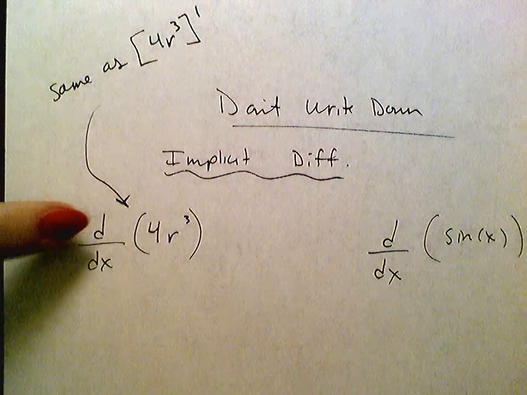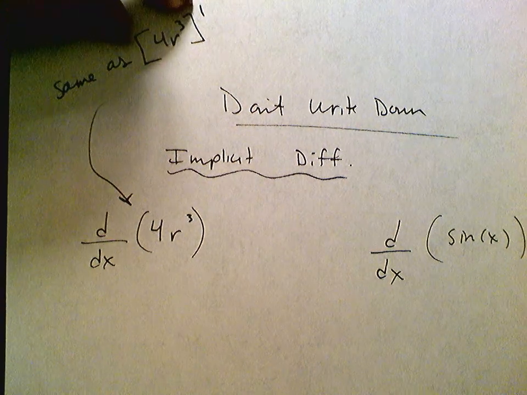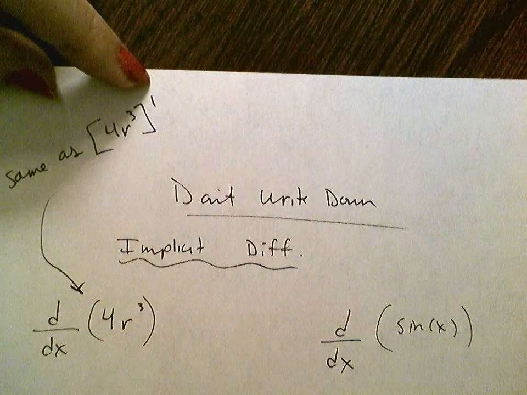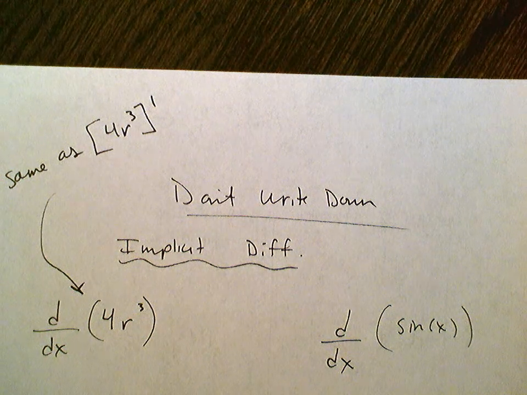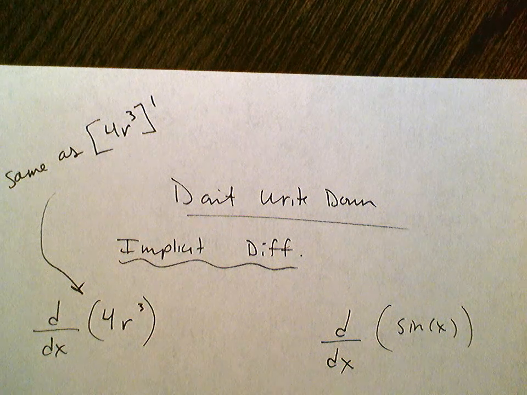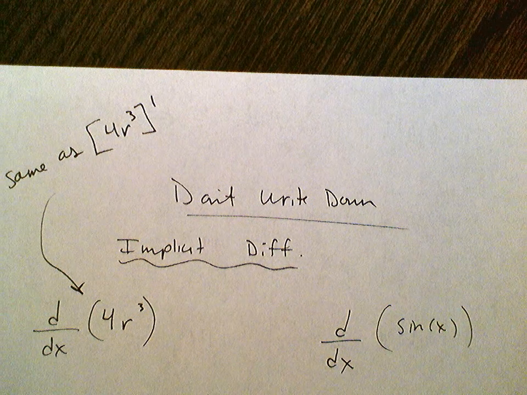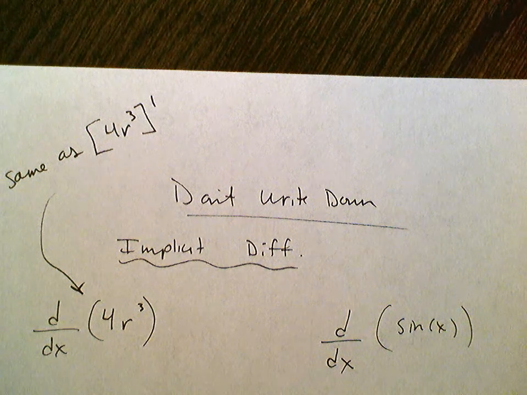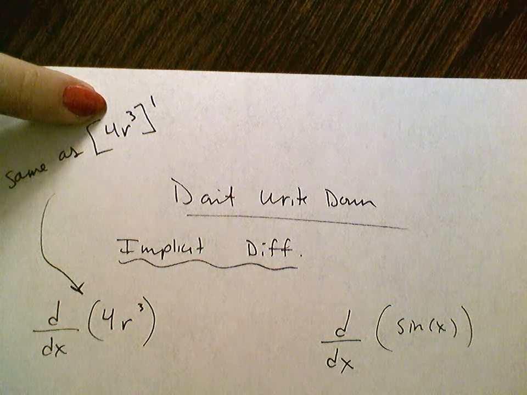But when you do d dx, it's clear to your reader. If you just see a bracket and then a prime on the outside, you don't know, maybe r is the independent variable. The independent variable is usually x, like f of x. The independent variable is the input, the most innermost input. So I don't know that r is the independent variable.